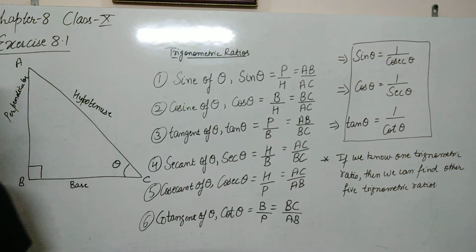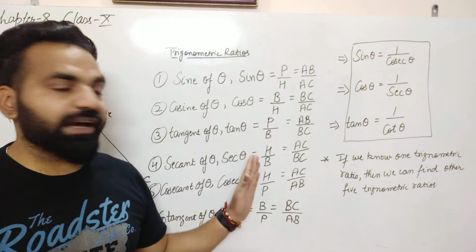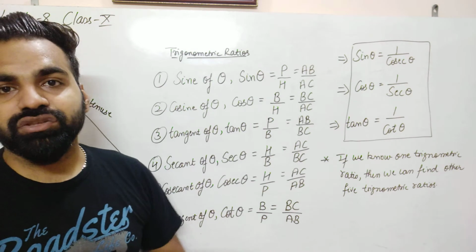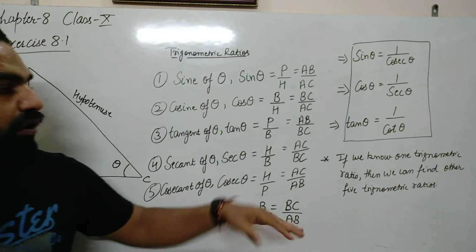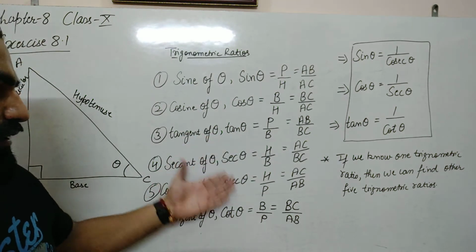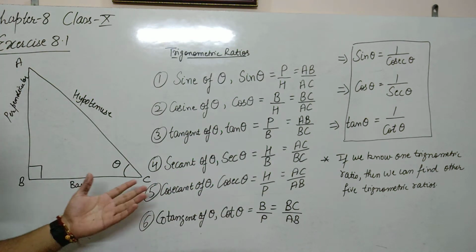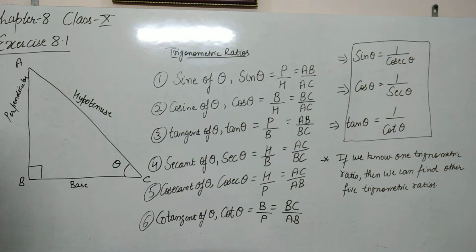So out of these trigonometric ratios, if only one is known, then by using that one trigonometric ratio we can find all the other 5 trigonometric ratios. We will see in the exercise how to find the other trigonometric ratios using one trigonometric ratio.